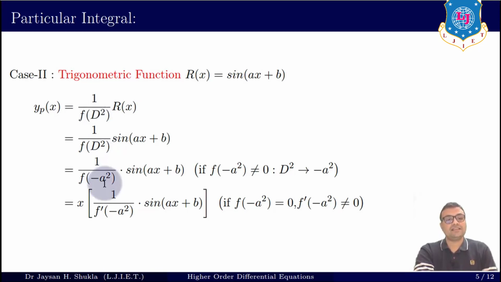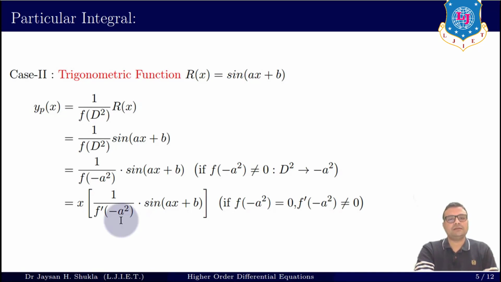Condition is that this f of minus a square should be non-zero. If it is 0, then take derivative with respect to capital D, multiply outside by x, then again replace D square by minus a square. You can repeat this process until this denominator is non-zero.